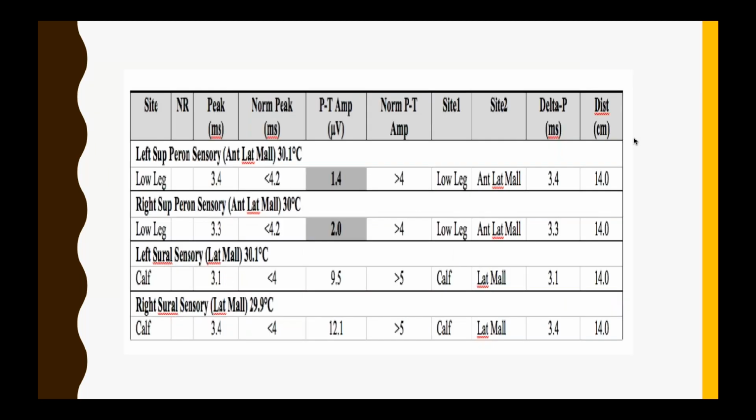The lower extremity sensory nerves, the peroneals, were quite reduced. We had a decreased amplitude bilaterally of the superficial peroneal sensory nerves, but the sural nerves were checking out to be normal. So we had normal latencies, normal velocities, and normal amplitudes of the sural nerve.